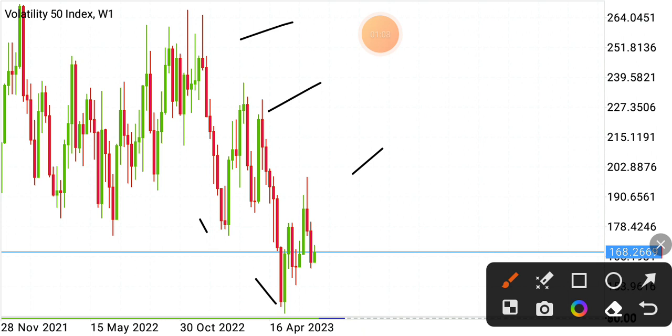So we know it is bearish, and based on that bearish movement, I believe the price will still have to go down and break this structure right here. All right, that's all I saw on the weekly time frame.